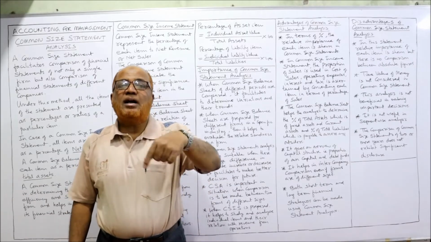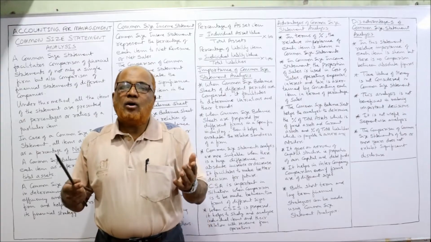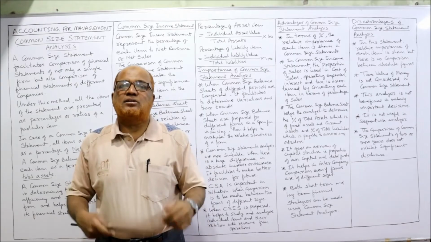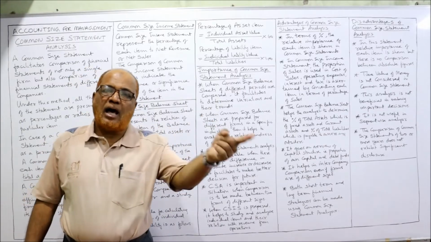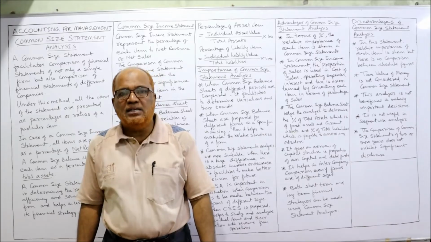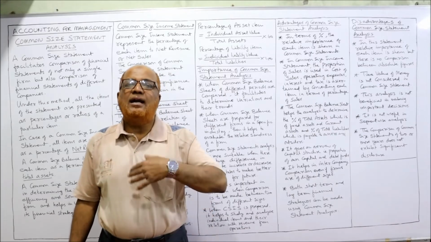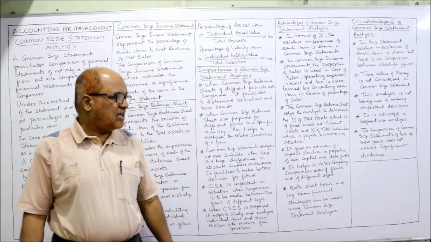In that case, it will be convenient if we calculate the percentages, if we make common size statements. So if we make common size statements of the medium firm and large firm, we can compare them easily. We can come to valid conclusions by making common size statements.